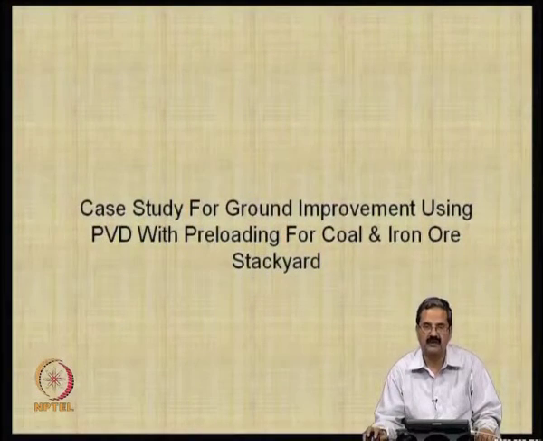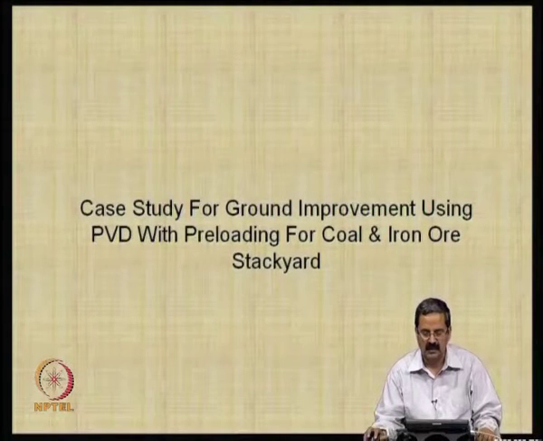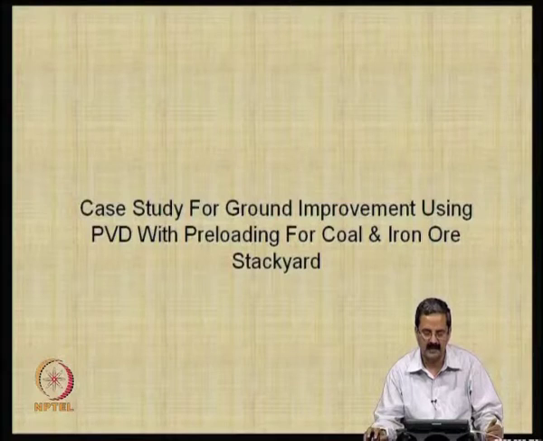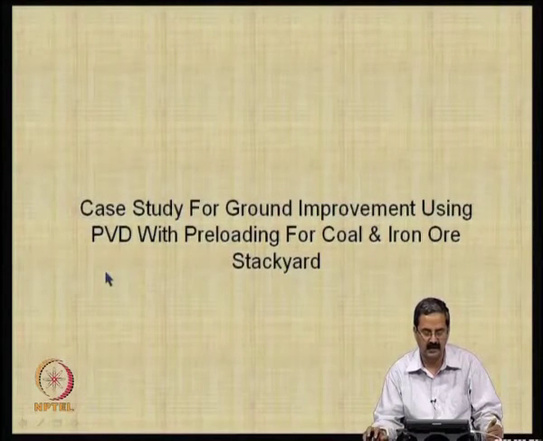I just want to give a small example. I have taken this from one of the suppliers or installers of geosynthetic products. This is a case study for improving the bearing capacity using PVDs for a coal and iron ore stackyard.